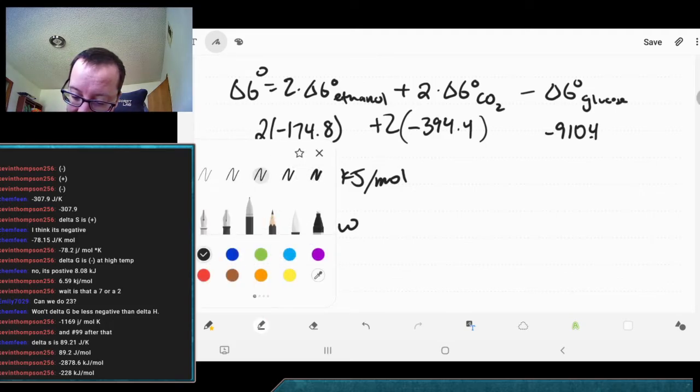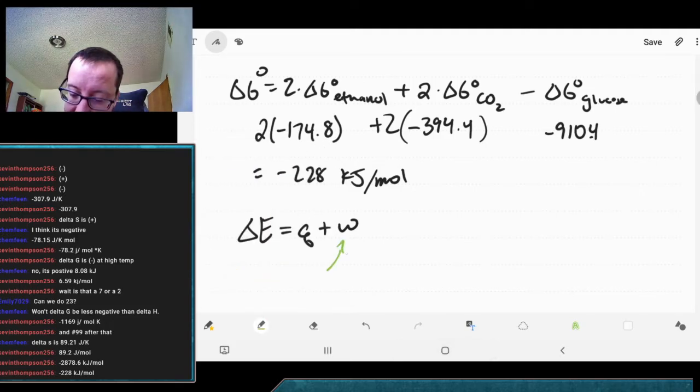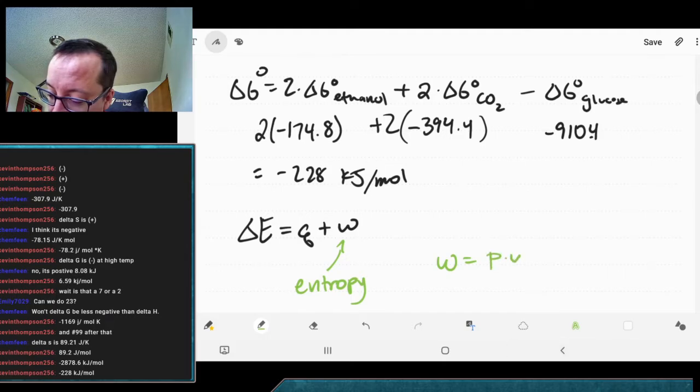So this W component is going to be a factor based on the entropy. We're looking at entropy here because way back when we talked about gas laws, we talked about work being related to pressure times volume, P delta V, rather.